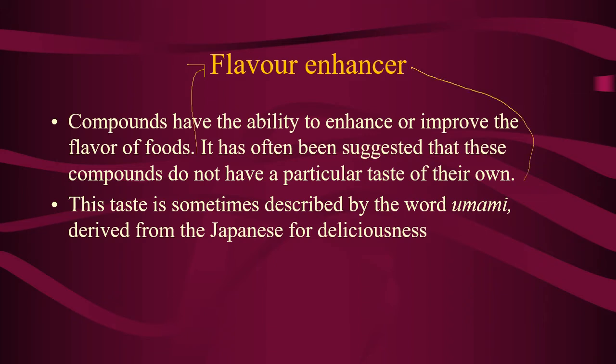For example, MSG. Have you ever tried MSG? If you put it on your tongue, the MSG actually does not have any flavor. But when it is added into your food, it will become a flavor enhancer. This taste is sometimes described by the word umami, which is derived from Japanese for deliciousness.